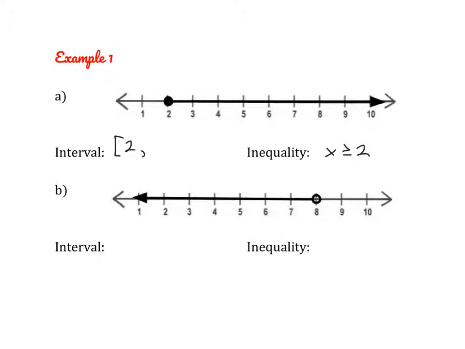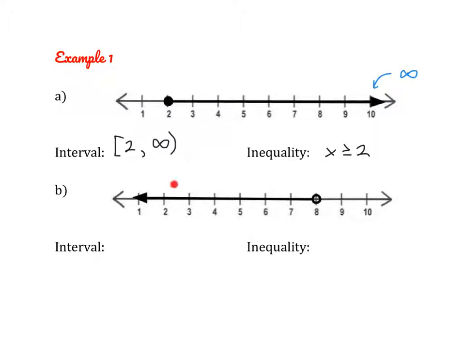Since we see an arrow, it continues on forever, which we call infinity. With infinity we always use a parenthesis, because infinity is not really a number, so we can't include it. So you can say all x values greater than or equal to 2, or all the numbers from 2 to infinity, including 2.